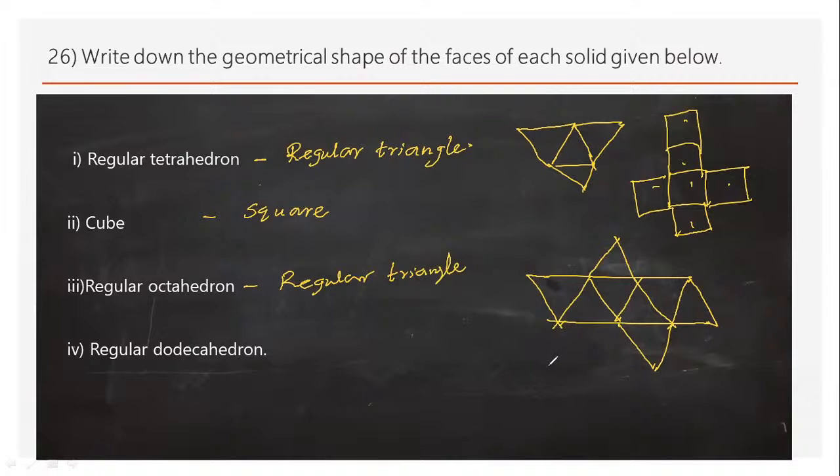The other one, regular dodecahedron. This one has regular pentagons. The cross section is regular pentagons. Keep it in your mind, right? It means we have to draw a lot of faces like this. For your better understanding, I will show it also. It looks like this.